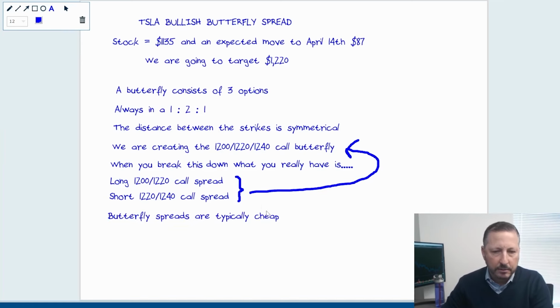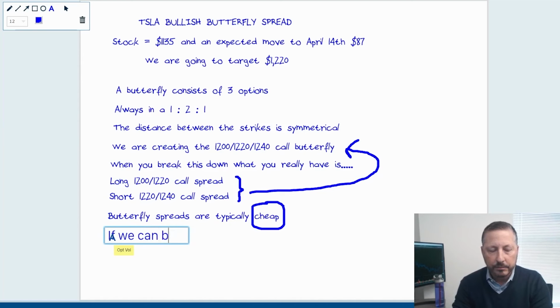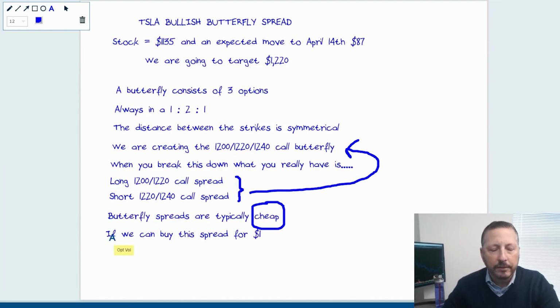What does cheap really mean? Well, how do we measure expensive or cheap? We have to measure that by the reward to risk. So when I say this is cheap, if we can buy this spread for $1, what is the maximum value of this particular butterfly, the 1200, 1220, 1240?